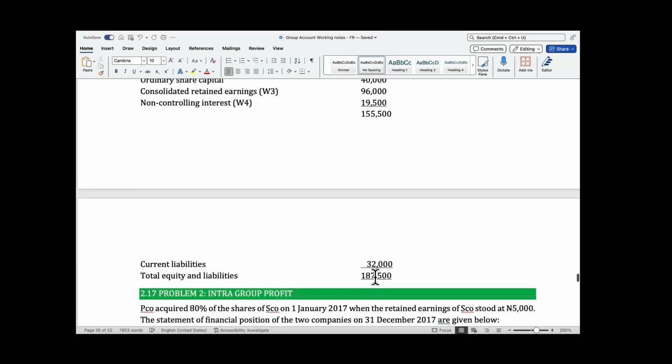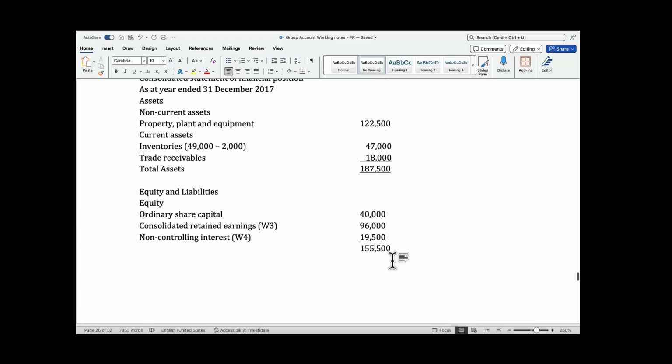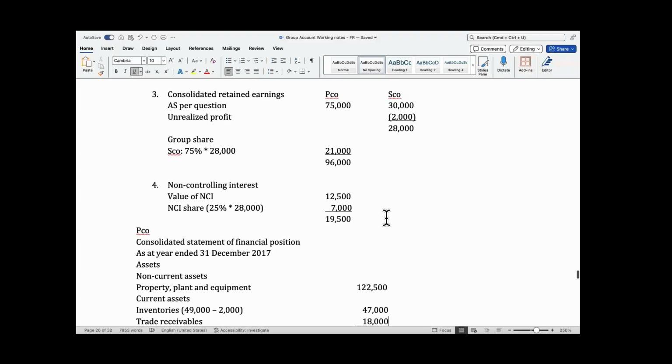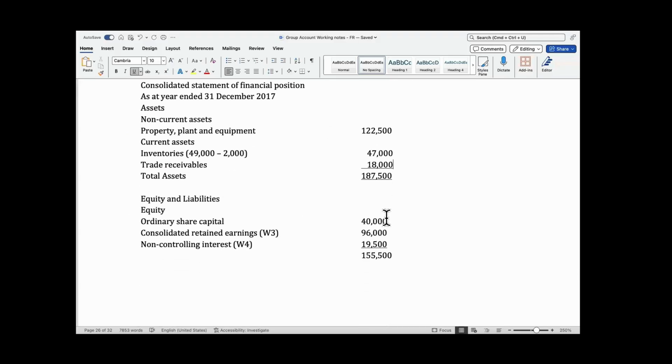And what about this? Plus 32,000. That's 187,500. It's correct. No, wait, add this together. 187,500. Okay, it's still balanced.